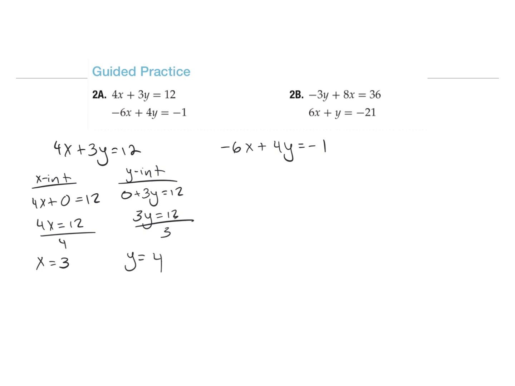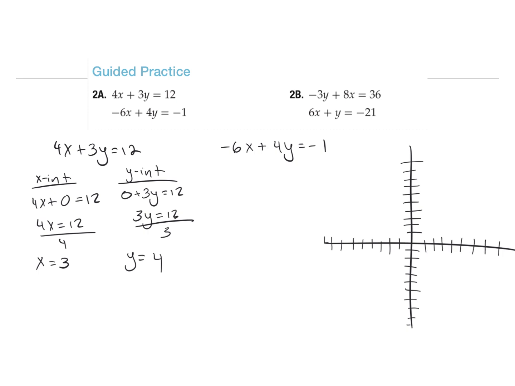So when we draw that line, we have a positive 3 for the x and a positive 4 for the y. You can just draw the line in between like that.